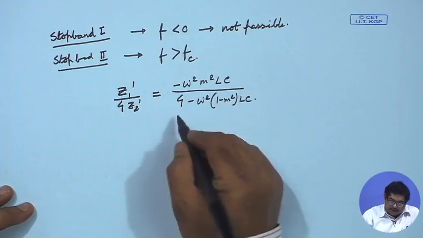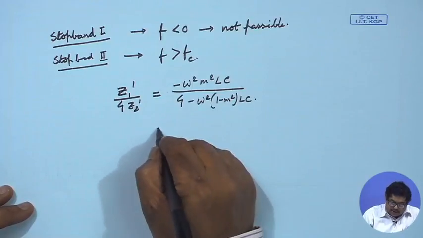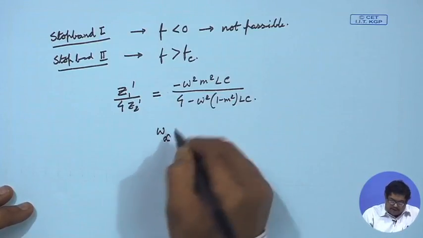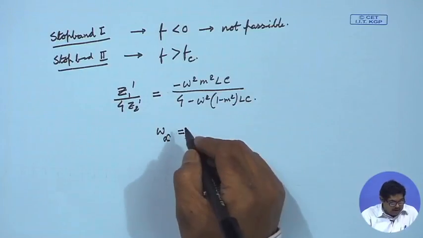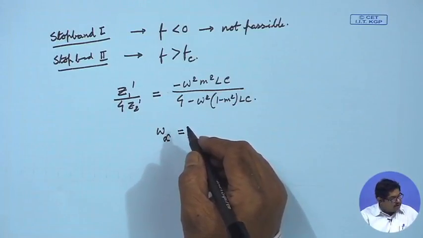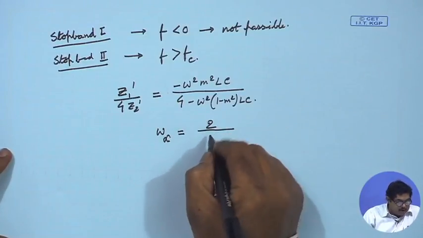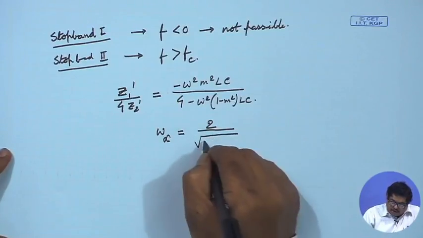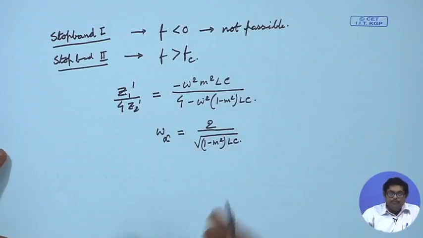Let us solve this. Let us say that at that frequency when this happens, let us call that omega infinity, because this will go to infinity there. So, what is omega infinity? If we solve, we get that omega infinity is equal to 2 by root over 1 minus m square L c.